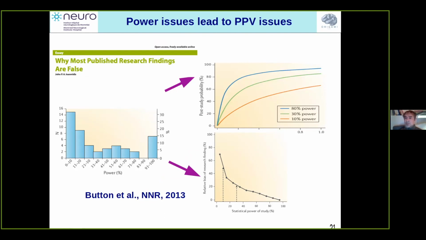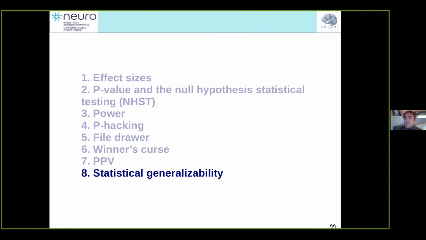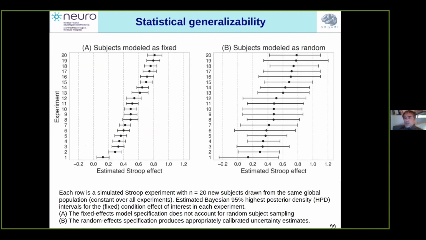Last, a very quick note on statistical generalizability. It is often the case that the notion of what is random and what is fixed in a study, in a statistical model, is not very clear, or it's difficult to grasp.